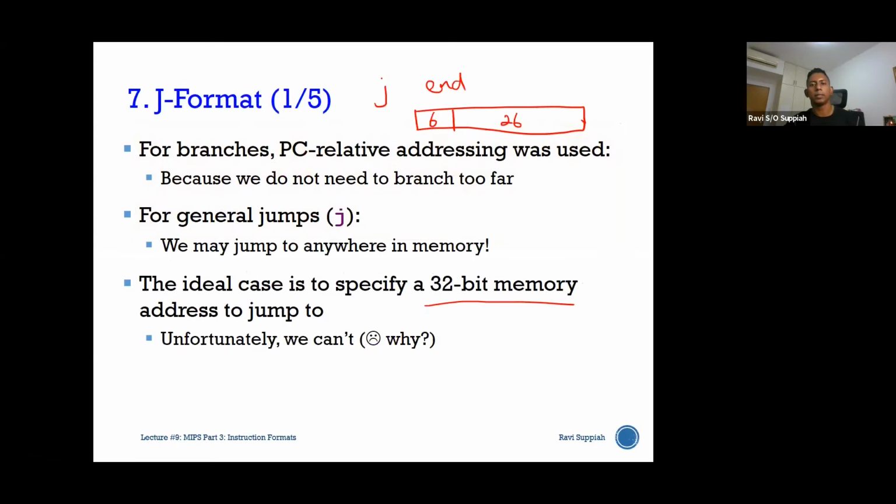I have 26 bits. So how can I maximize this, to jump as far as I can? Definitely, I cannot cover the full range of memory because we still have a limitation. We only have 26 bits. So what can we do?